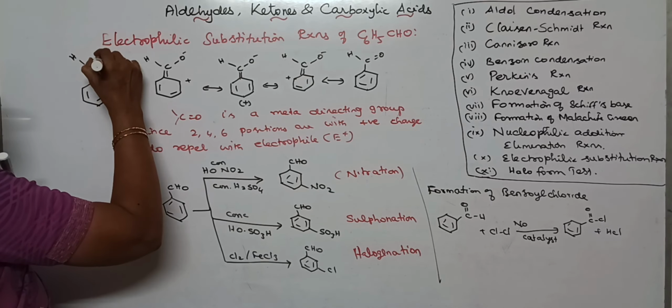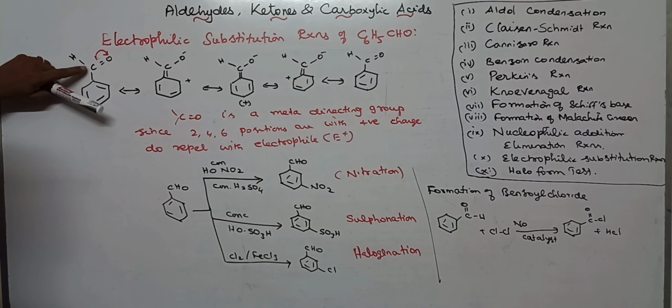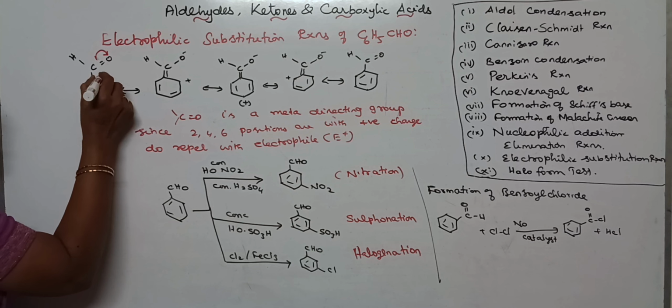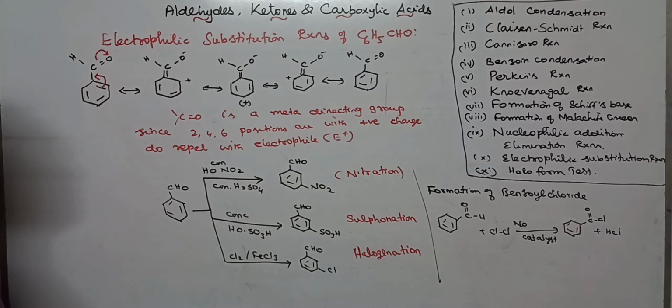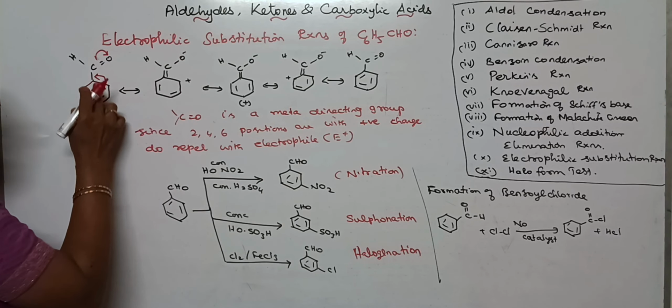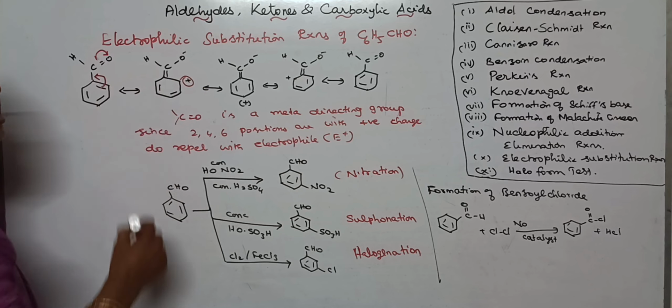So, oxygen withdraws electrons and hence decreases the electron density of this carbon atom. So, it acquires a positive charge. To cancel the positive charge, the pi bond of the benzene ring moves towards the carbonyl carbon. So, we are getting a double bond. As the electron is removed from the second carbon, it takes the positive charge.